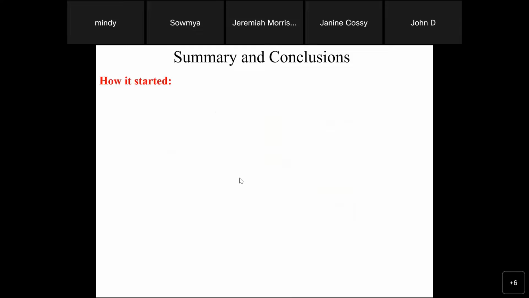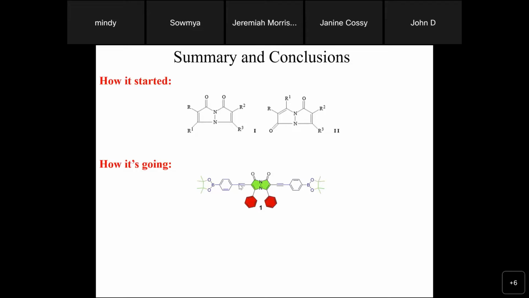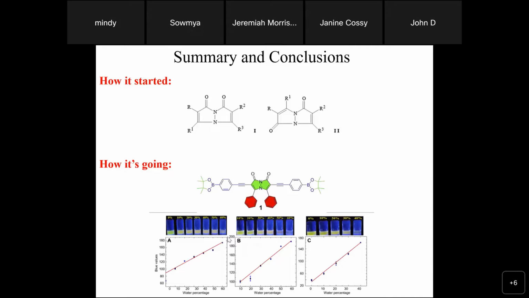So that is pretty much what I'm going to share as far as our work for today goes. When we think about what bimanes have done and what they're capable of doing, we can talk about how they started from very simple structural drawings in 1980, and what we're able to do is develop and really functionalize and access these highly functionalized bimane scaffolds, including one that I didn't talk about, but on the basis of this structure, we're developing hydrogen peroxide sensing based on the oxidative cleavage of these boronate esters, and also developing high performance water detection on the same scaffold.